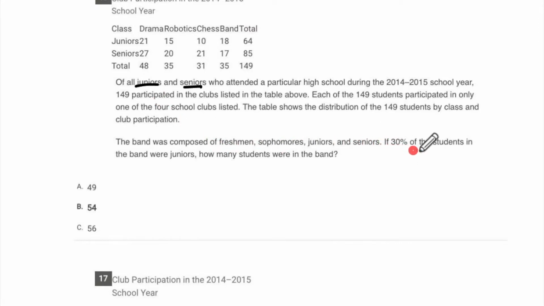If 30% of the students, which means all the students in the band, were juniors, how many students were in the band? This is like a Saxon math problem. So they want to know, if 30% of the students in the band were juniors, how many participated in the band? So we're going to look at the band and juniors because that's what they're talking about.